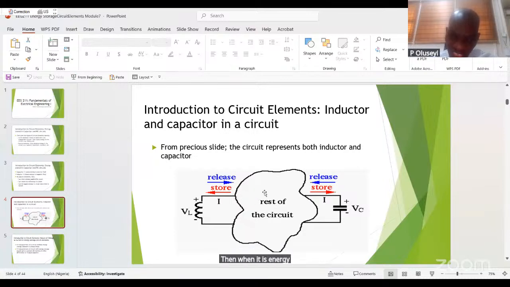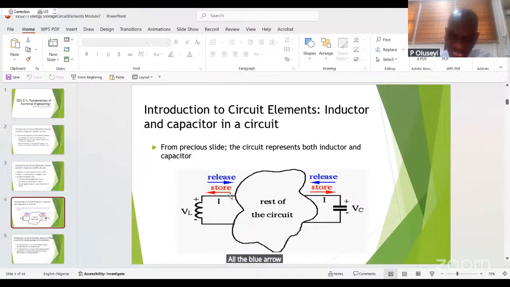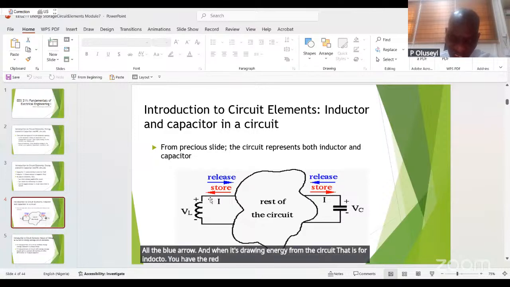When it's releasing energy to the rest of the circuit, you have the blue line or the blue arrow. And when it's drawing energy from the circuit, that is for the inductor, you have the red line.